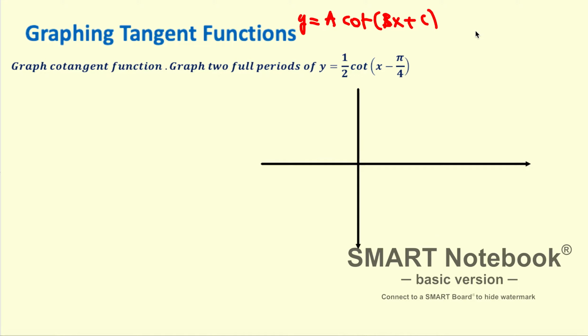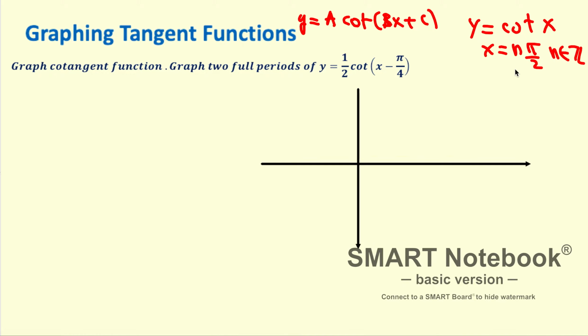But first of all, let me write here the parent function is cotangent x, and we already know the point that is going to divide this in two symmetrical sides. For the parent function, x is going to be n pi over 2, where n is an element of Z, so n is any integer.